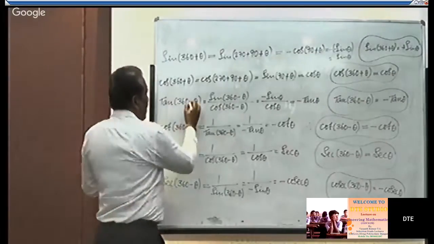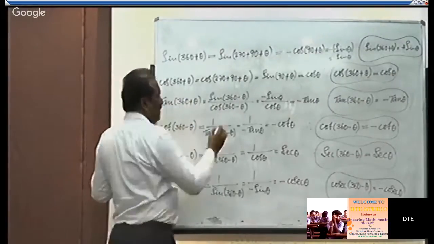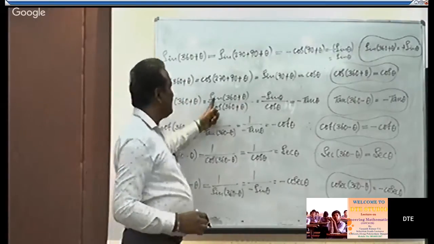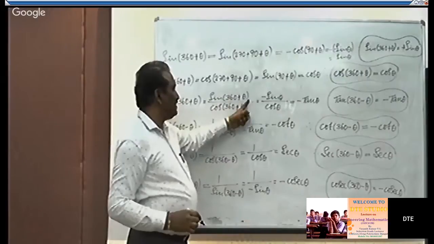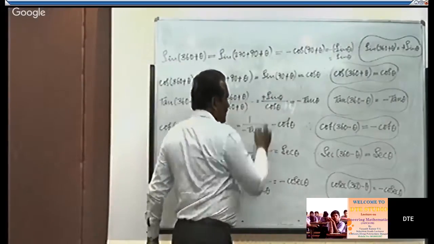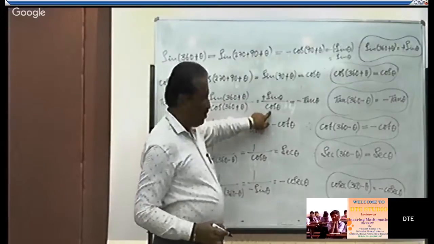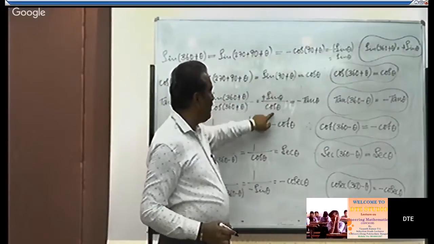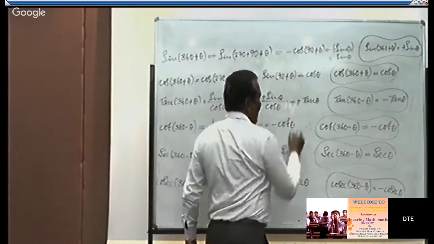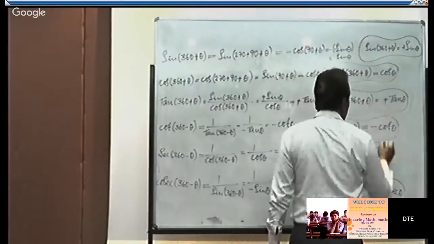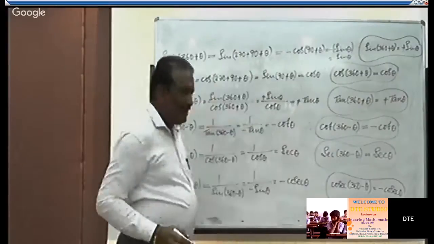Now, tan of 360 plus theta is the sine to cos ratio. We know that sine of 360 plus theta is equal to sine theta, and cos of 360 plus theta is equal to cos theta. Sine by cos is tan. Therefore, tan of 360 plus theta is equal to tan theta.